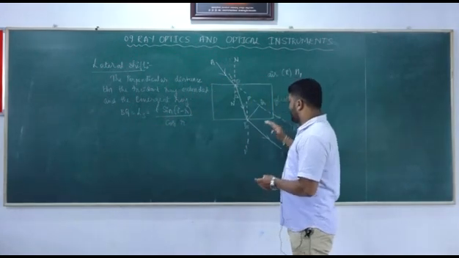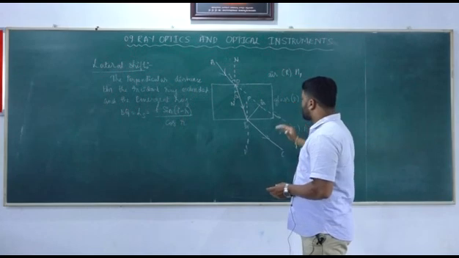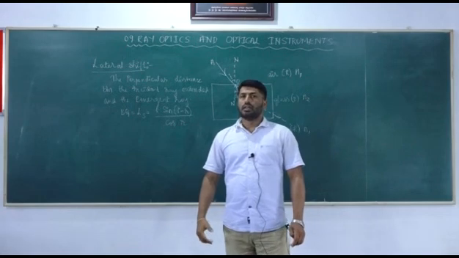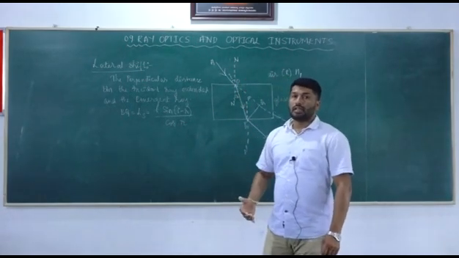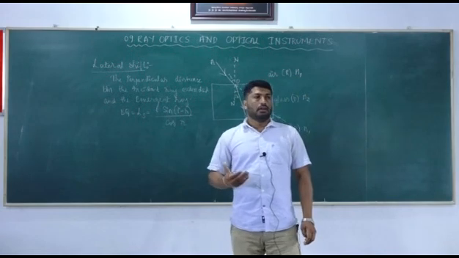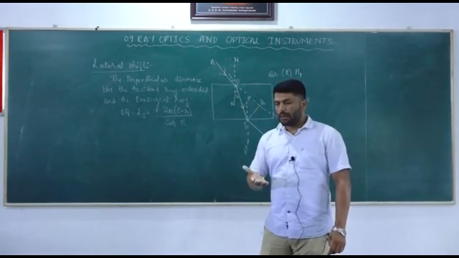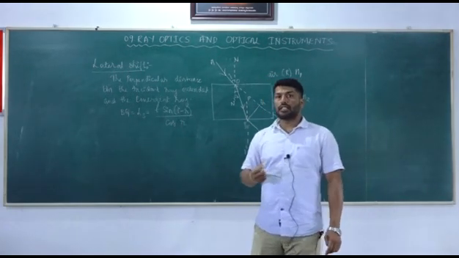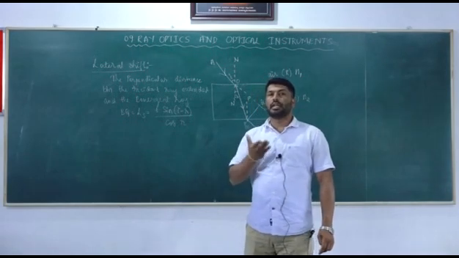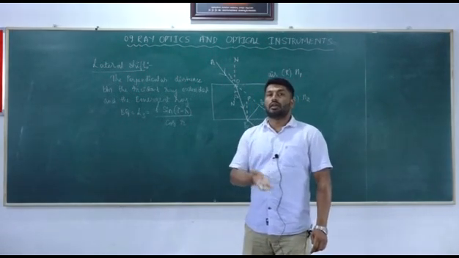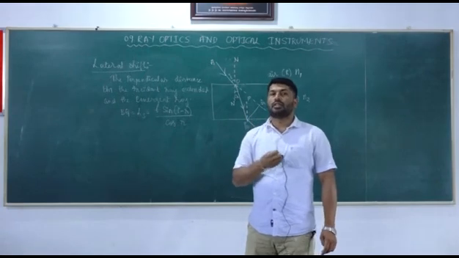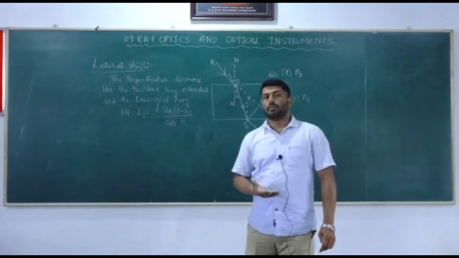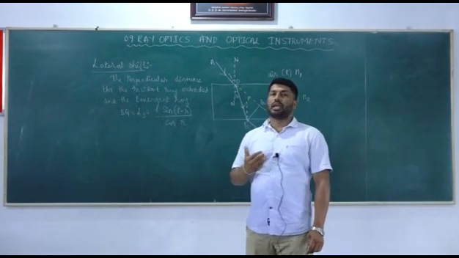Lateral shift means sidewise: the object appears sidewise. We observe a similar phenomenon in nature: when we look at the bottom surface of a swimming pool, it appears raised. If we try to catch a fish in the water, it looks like it is above its actual position, because refraction takes place.